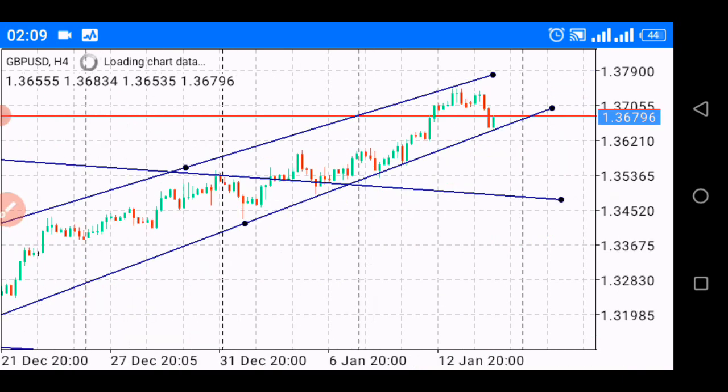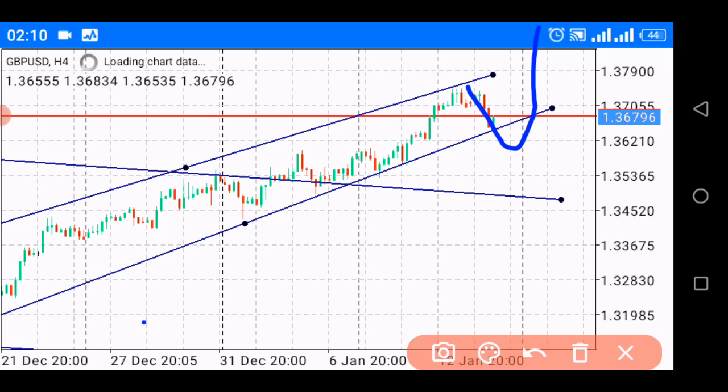Before we can decide that the market is going up, we must have something like this and break this structure, with a confirmation candlestick, probably a momentum candlestick.